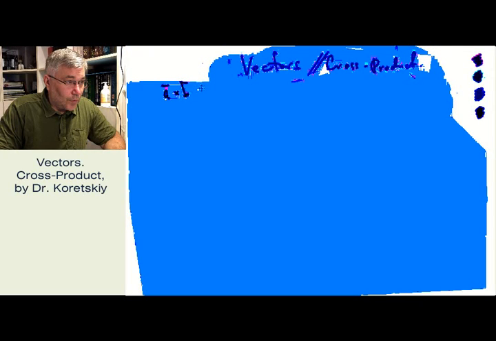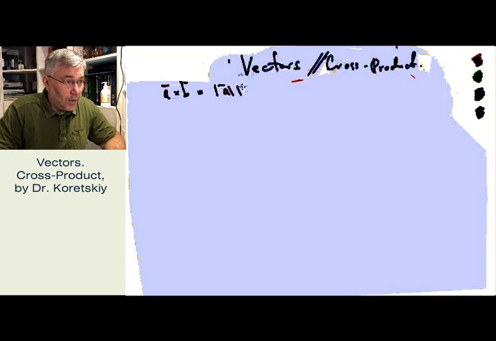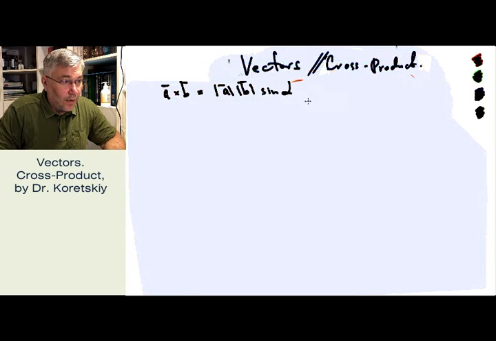We have two definitions for the vectors A and B. You have A cross product B, the other definition, magnitude A, magnitude B, sine alpha, here alpha is an angle between two vectors, times n.